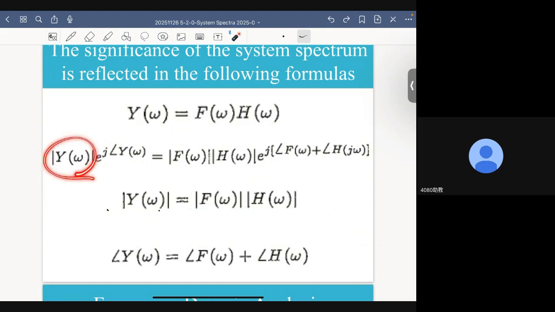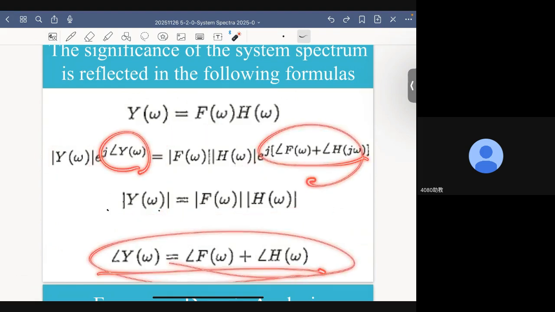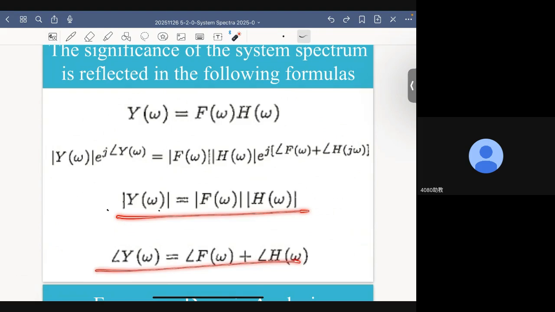So when it comes to the magnitude, they have to be equal. When it comes to the angle, they have to be the same. So these are two very important results, because these two equations tell us what the spectrum really means to us.